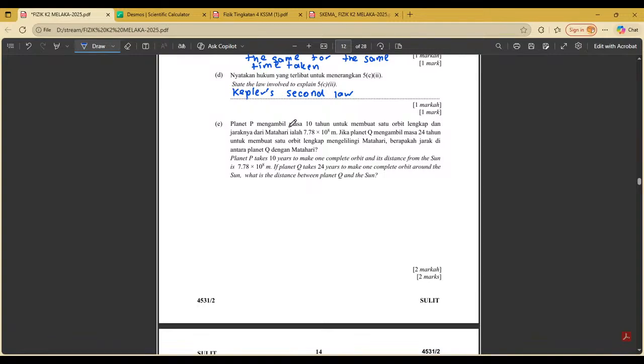Planetary. It takes 10 years to make one complete orbit, and the distance from the sun is 778.